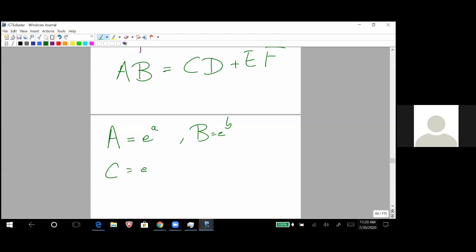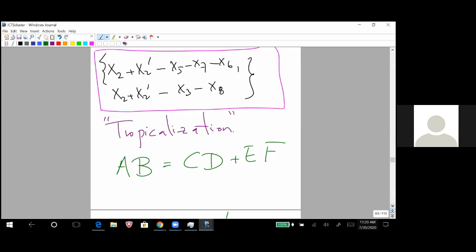And so on for the rest, F equals e to the little f. And so now this equation just becomes e to the a plus b is equal to e to the c plus d plus e to the e plus f.